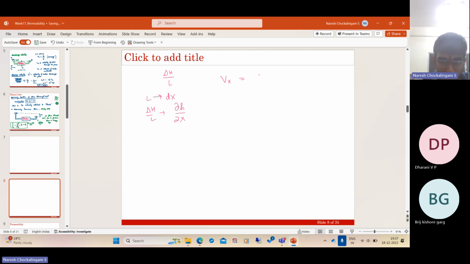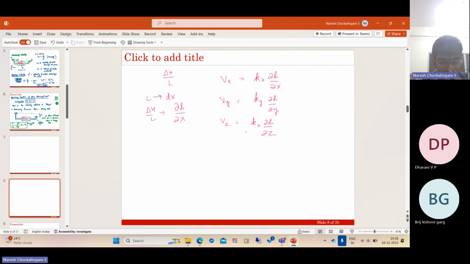So by Darcy's equation in X direction, Vx is Kx times partial H with respect to X. Vy is Ky partial H with respect to Y. And Vz is Kz partial H with respect to Z.